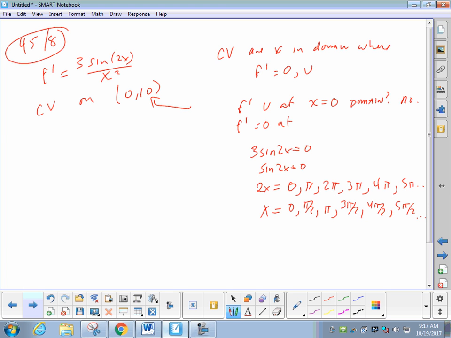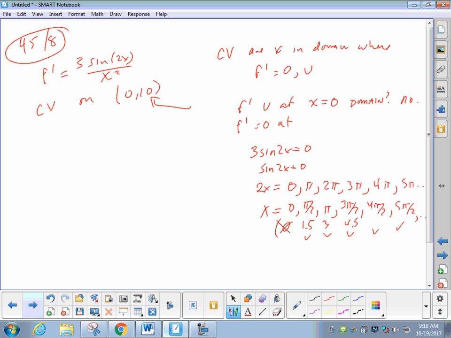Now I just need to figure out how many of these are in 0 to 10, all right? Pi is roughly 3.14, right? So this is 0. Obviously, that's cool, but it's at the edge of the domain, so it's out. That's about 1.5, it's in. That's about 3, it's in. This is about 9 over 2, 4.5, it's in. 4 times 3, 12 over 2, that's roughly 6, it's in. 15 over 2, 7.5, it's in.